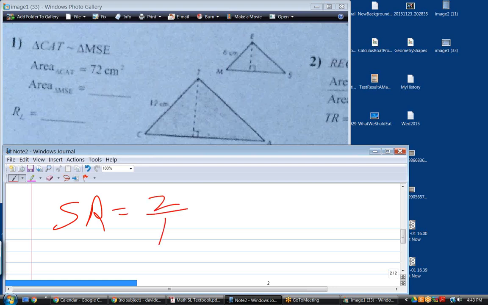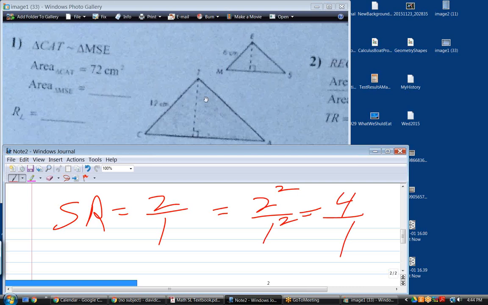Now, that does not mean that my area ratio is 2 to 1. Your area ratio is always the square of the similarity ratio. So the area ratio is going to be 2 squared to 1 squared, or 4 to 1.